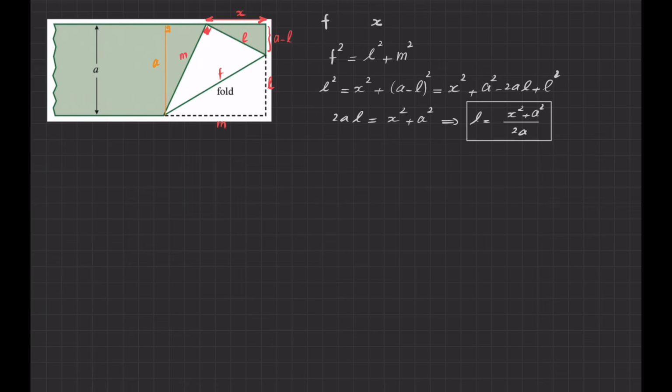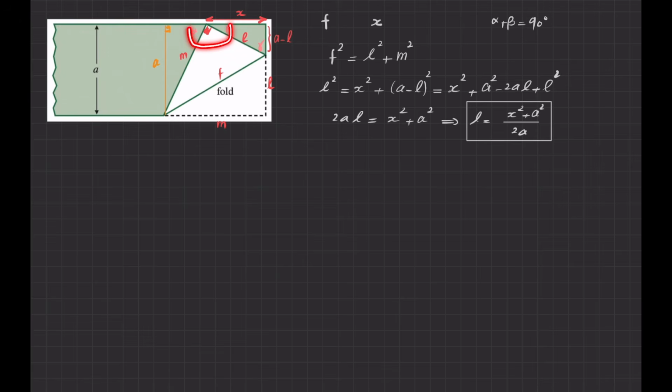Why are they similar? Because, for example, let me call this angle alpha and this angle beta and this angle gamma. So if I ask you what is alpha plus beta, you will answer me 90 degrees. Why?